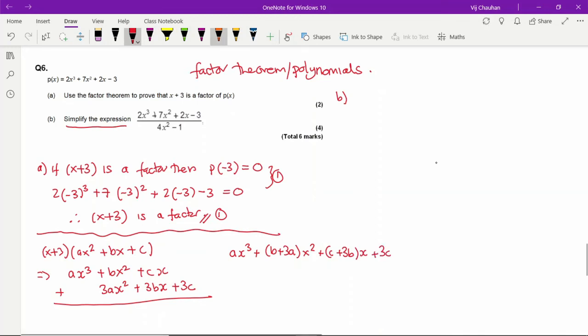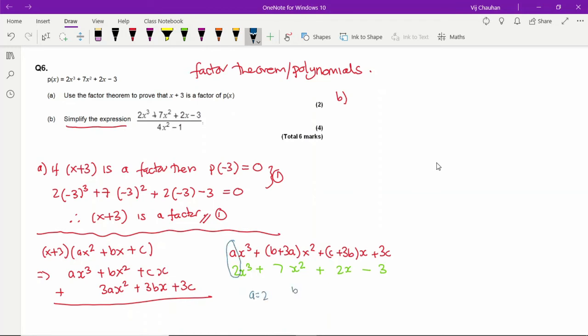Now what I'm then going to do is compare that to the original equation. Let's use green. So our original function was 2x cubed plus 7x squared plus 2x minus 3. Now if I compare the coefficients, I can see that a is going to equal 2.